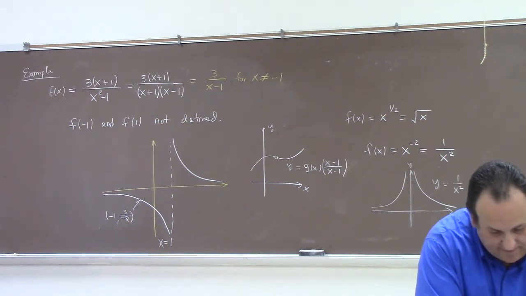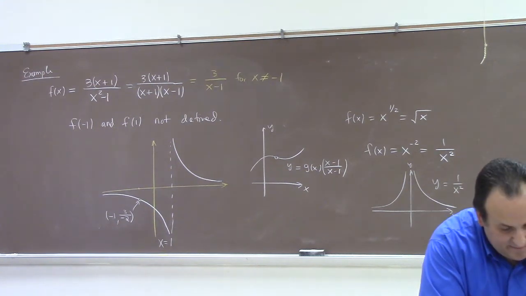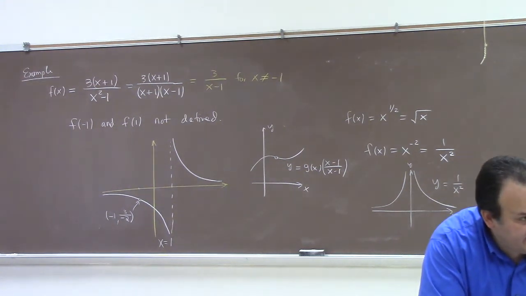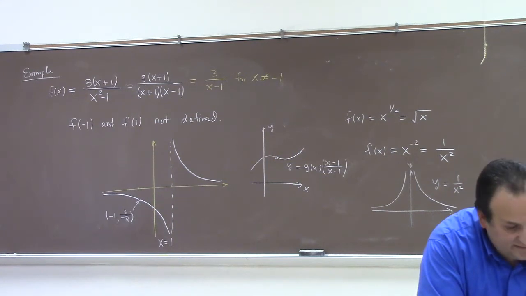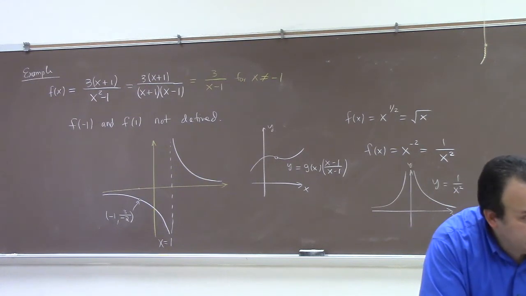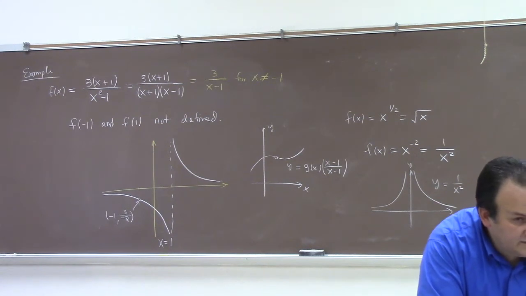So in example 1.5.3, I give a rational function with a couple of holes in the graph. Sometimes the holes in the graph can coincide with where there's a 0. Like, the graph could cross the x-axis where there's a hole. That could happen. Those look different. The bottom line, though, is that to understand whether the rational function is positive or negative, we pretty much need to analyze where the numerator and the denominator of the rational function can be 0.